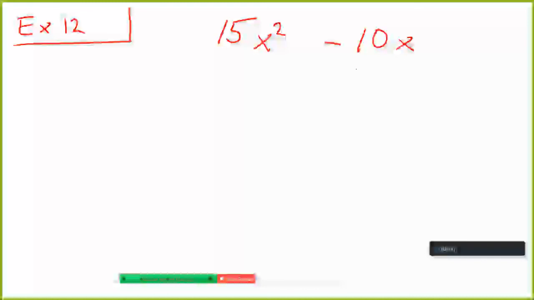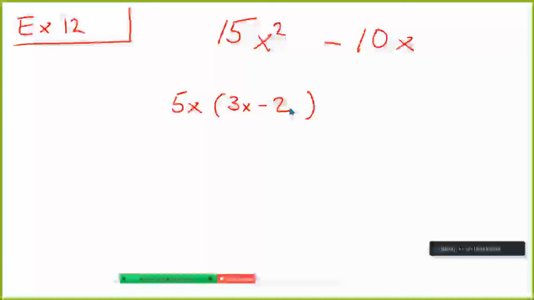Do you want the answer? Are you ready? Yeah. I think I really got this one wrong though. Let me know what you got. 5x parentheses 3x minus 2. Yes. Very good. Very good.